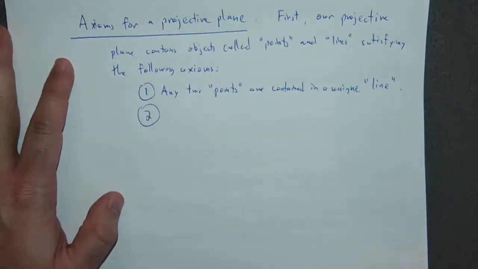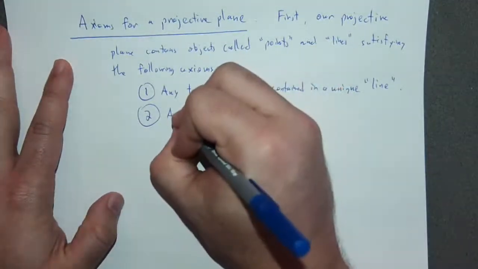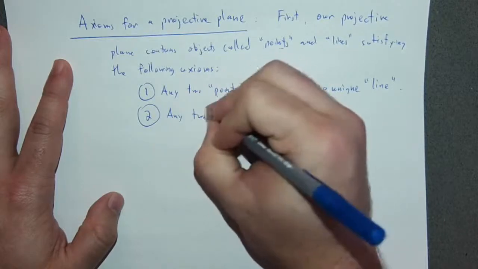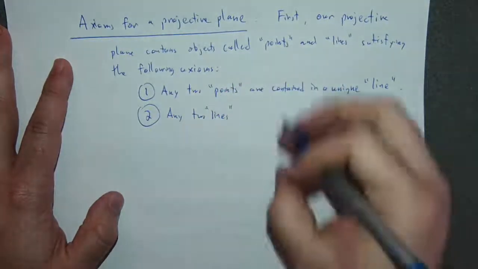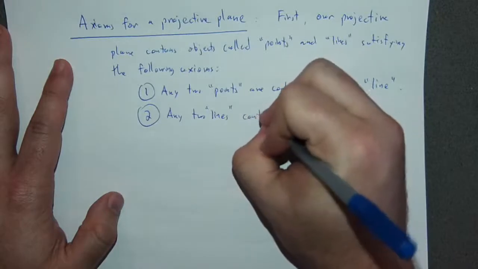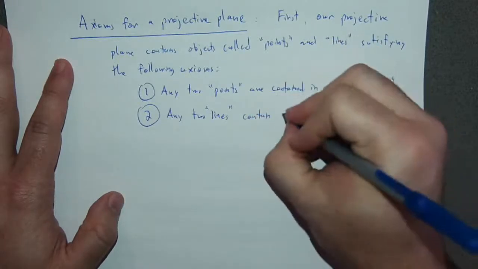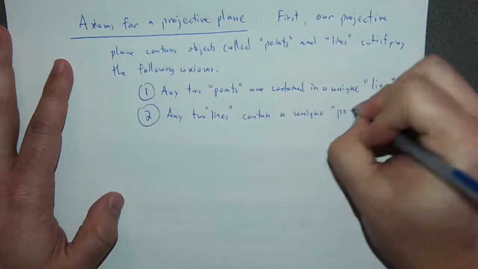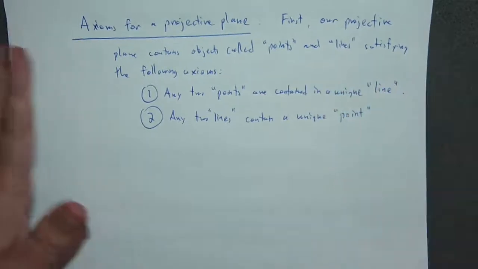All right. The second axiom, any two lines contain a unique point.